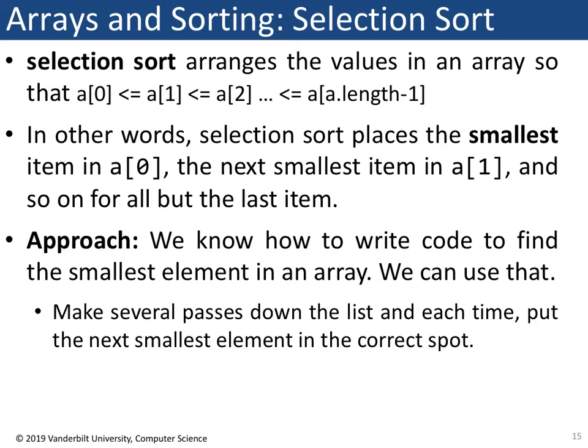So we already know how to write code to find the smallest element in an array. So we're going to make use of that code, make use of that idea of finding the smallest element, and what we're going to do is make several passes down the list just like we described. So when we're looking for the smallest element, we'll store it in element 0, then lock element 0, then we'll search for the smallest in the remaining array and store that in element 1.